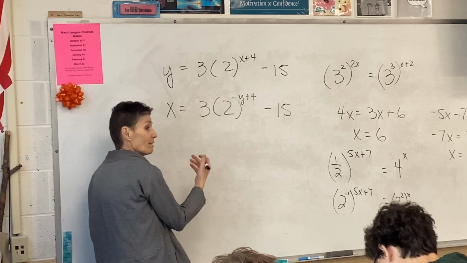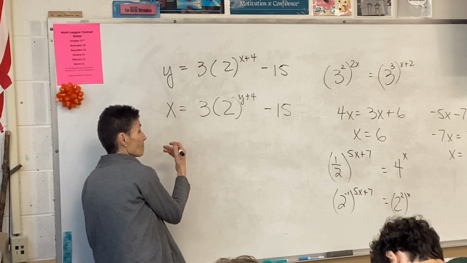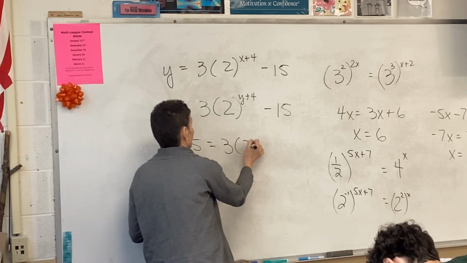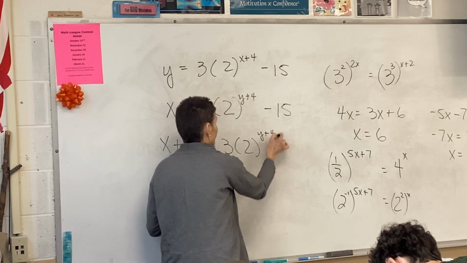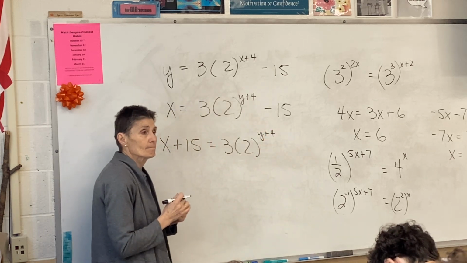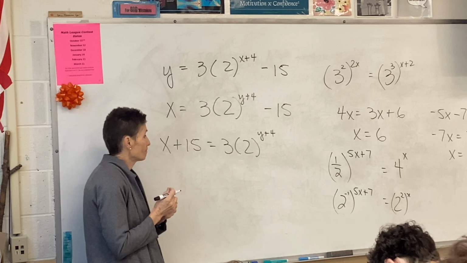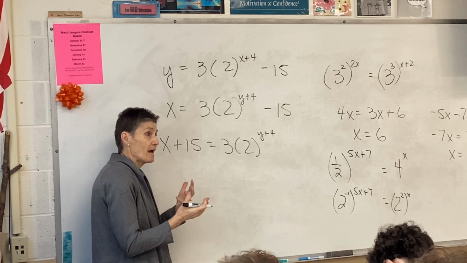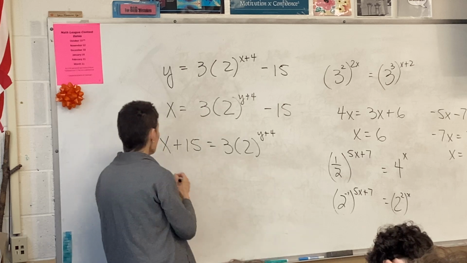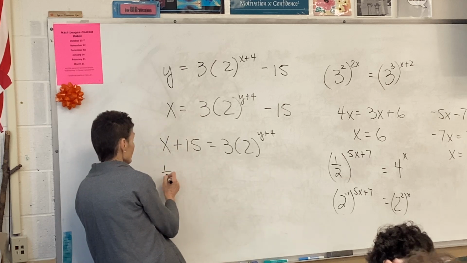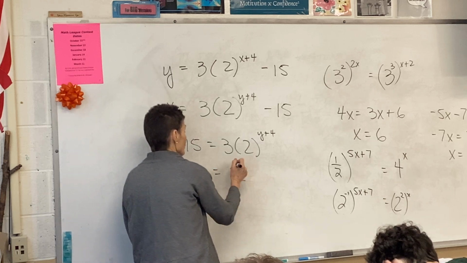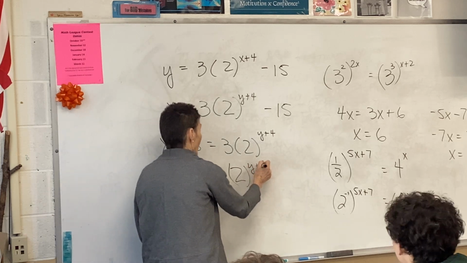So how about if we add 15? Divide by 3. So this is going to be 1/3 x plus 5 equals 2 to the y plus 4.